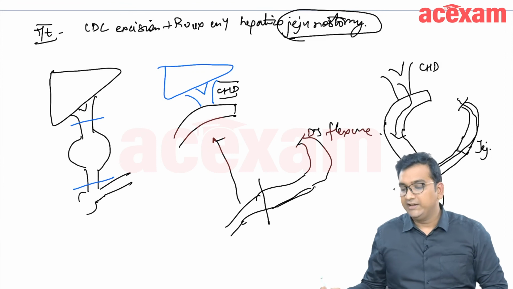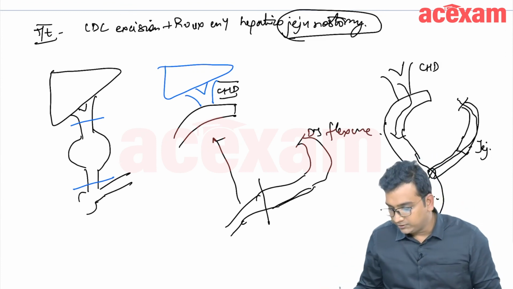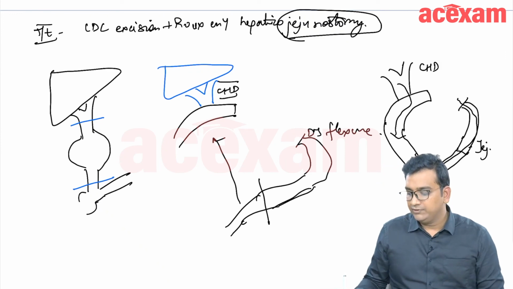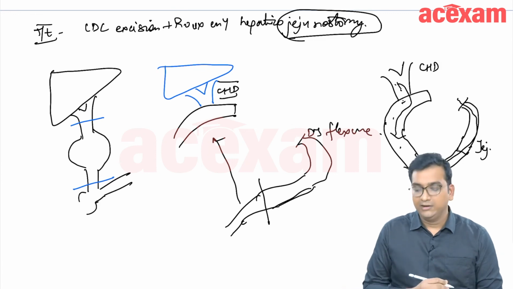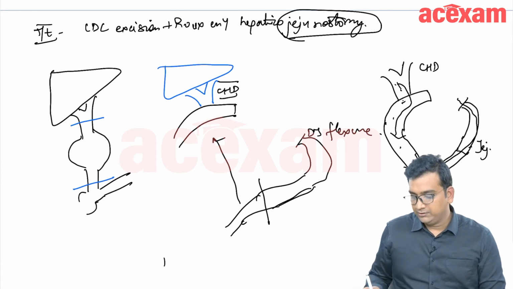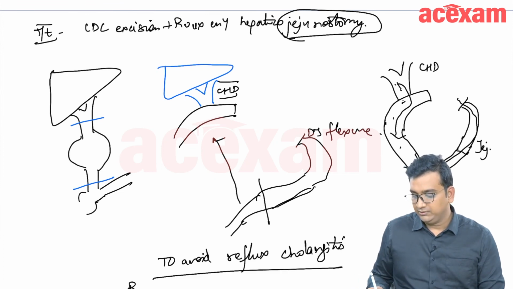So why are we making a Y kind of configuration? Because we don't want the food material to reflux inside the bile duct. Okay, to avoid reflux cholangitis, we are making a Roux limb.